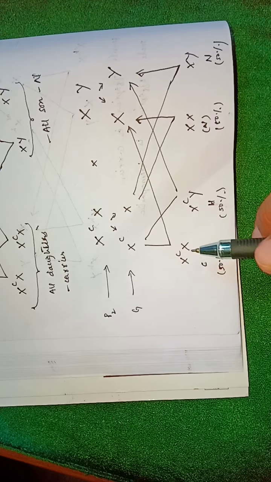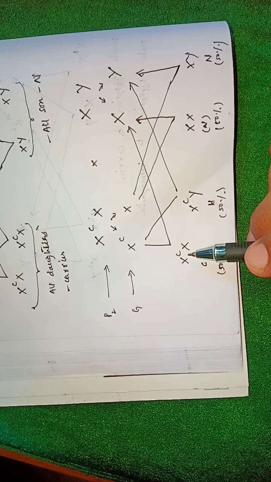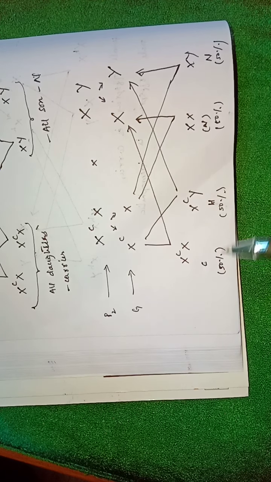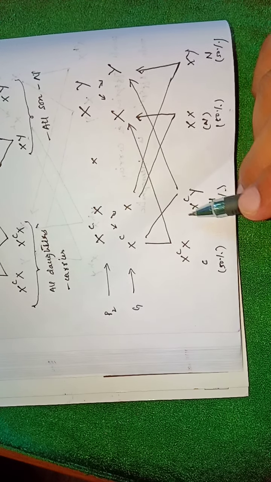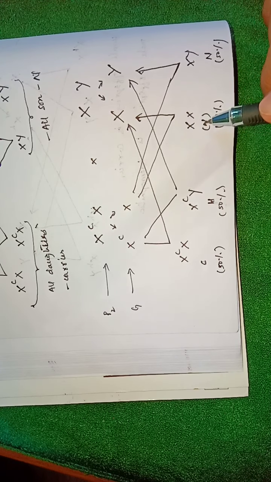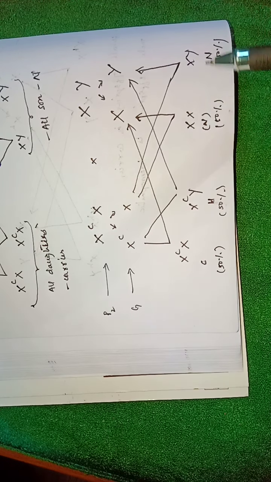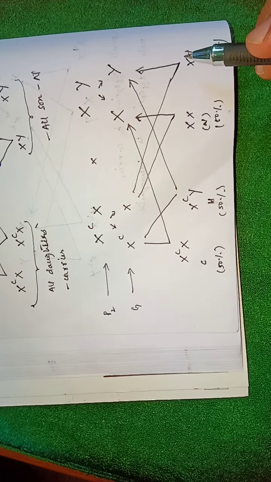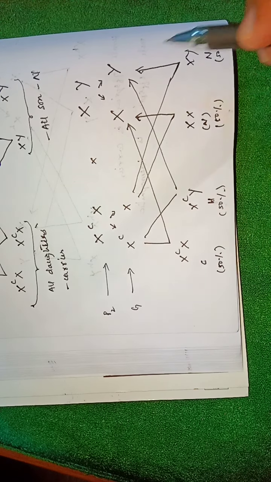So this shows that there is a 50% chance of a carrier female, 50% chance of a colorblind male, 50% chance of a normal female, and 50% chance of a normal male. So these are the possible offspring.